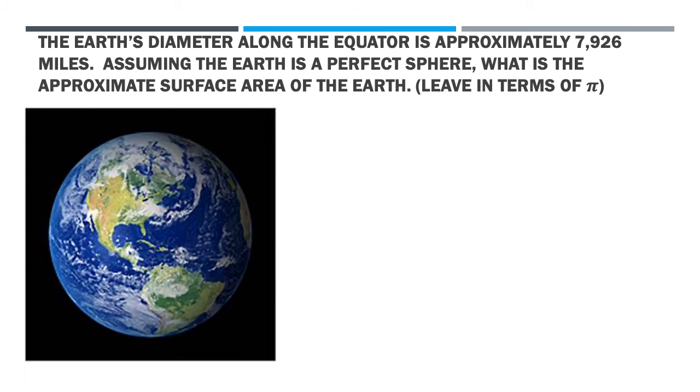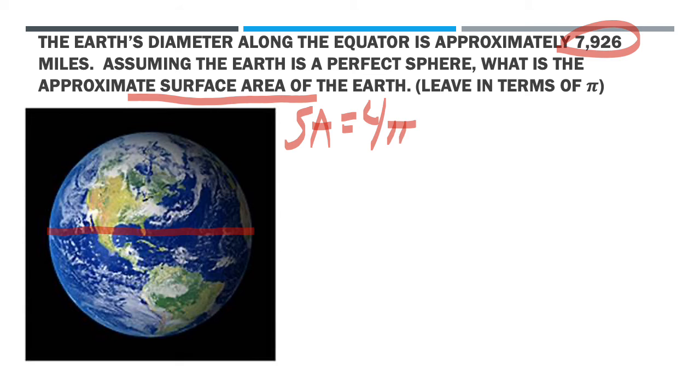All right, so we have the diameter is approximately 7,926. But they need the surface area. So we know for surface area, our formula is 4 pi r squared.